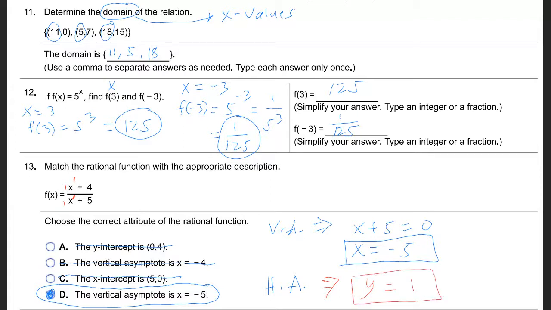That would be the horizontal asymptote, just in case you'll be asked for other problems. But in this case, for problem 13, you're only asked about vertical asymptote, which is x is equal to -5. A slanted or oblique asymptote also can be asked, and our answer is none. If you have a horizontal asymptote, there's no slanted asymptote in this case.